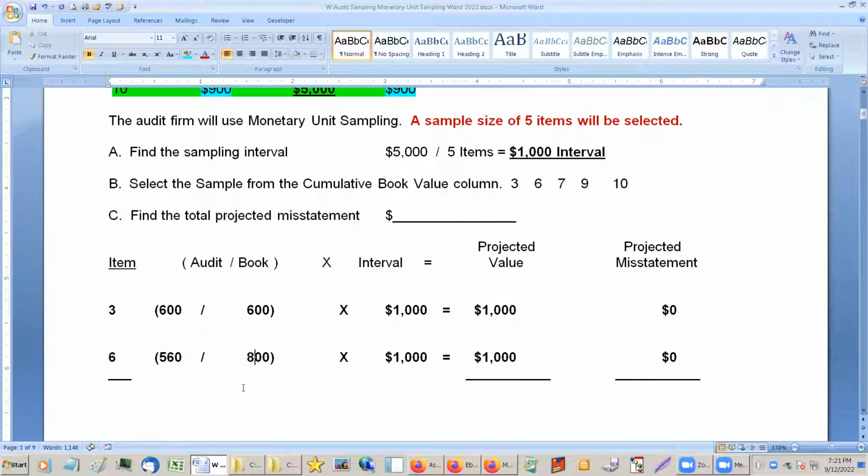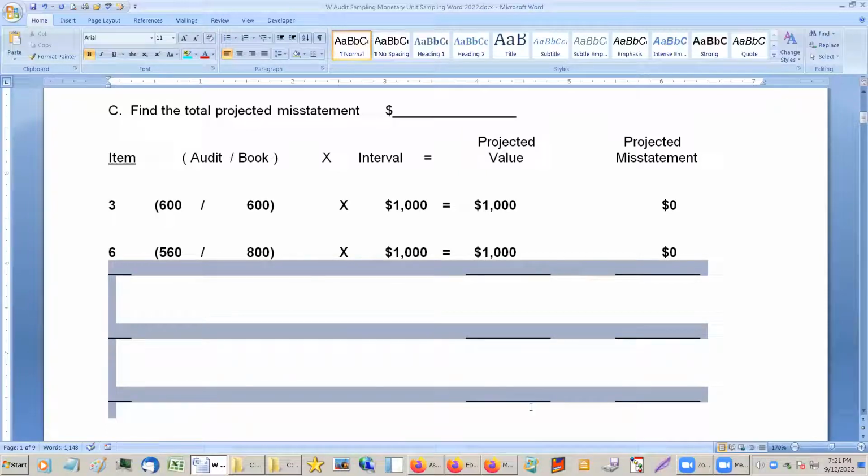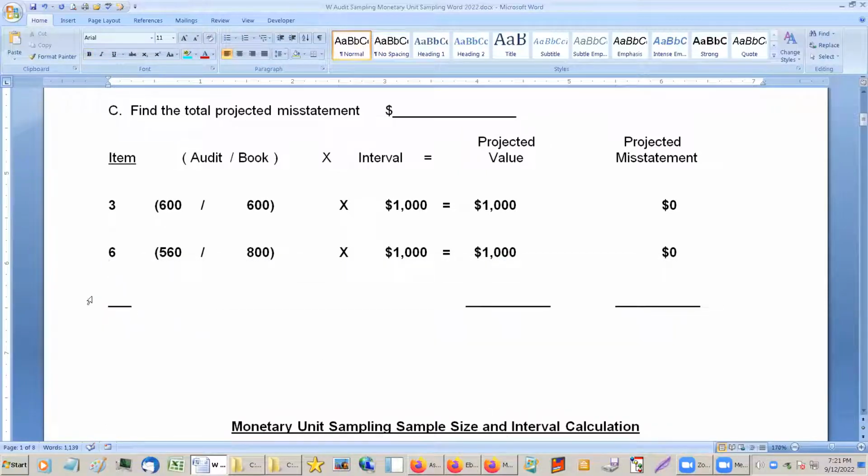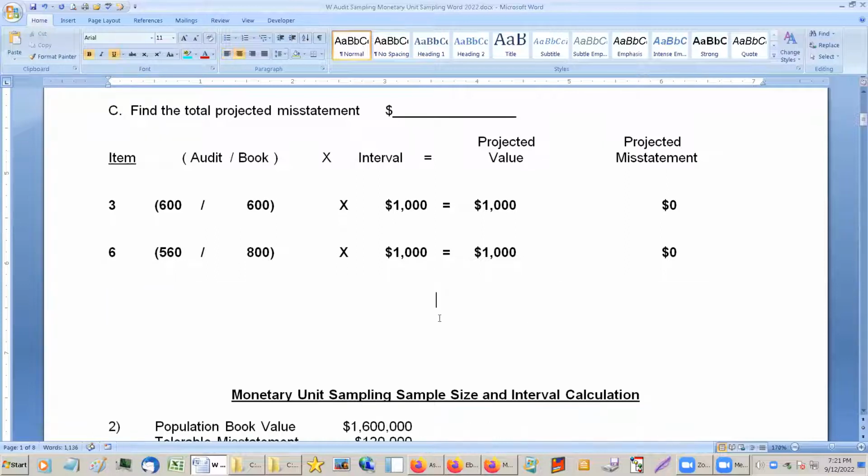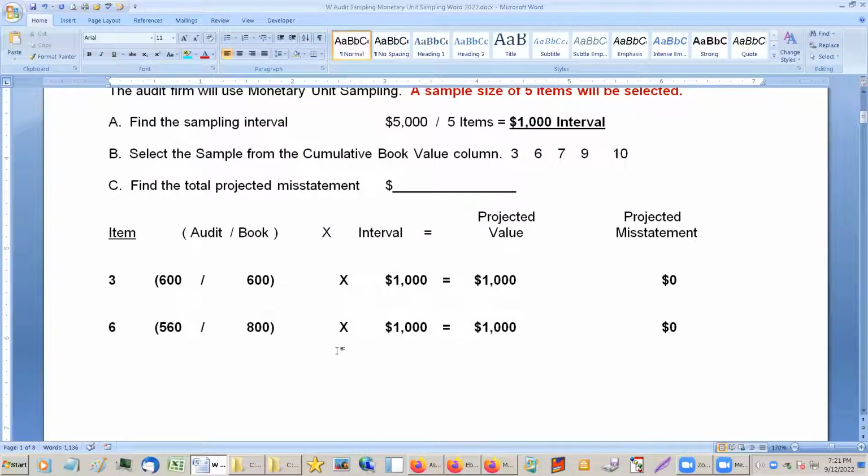Okay, so here, you can tell there's gonna be a problem, right, because this is 560, so this is not gonna equal 1,000. So we're gonna take 560 divided by 800.